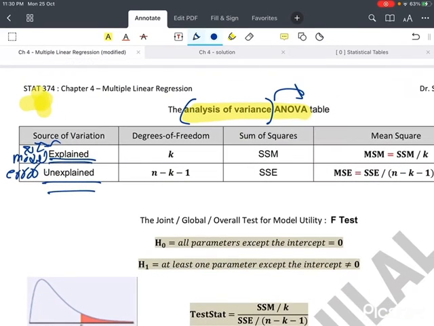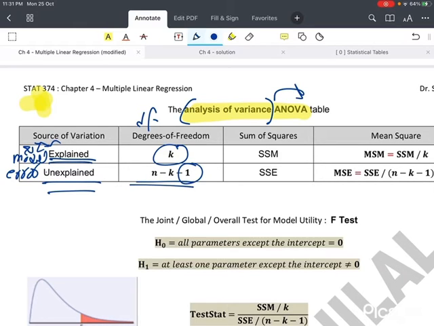So the degree of freedom will be k for the explained, as we said, for the SSM. What about the unexplained, which belongs to the error? The same way: its degree of freedom is n minus k minus 1. And this 1 is from where?